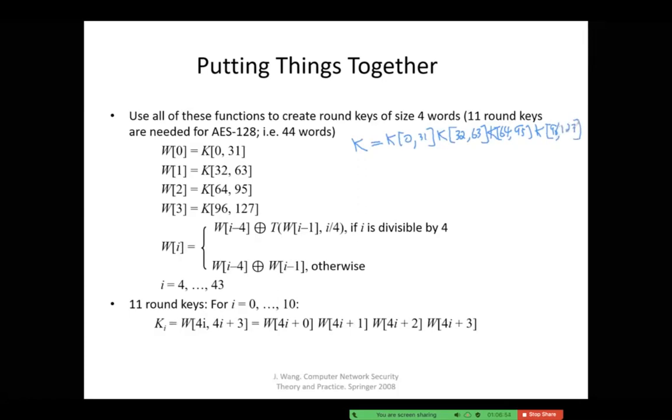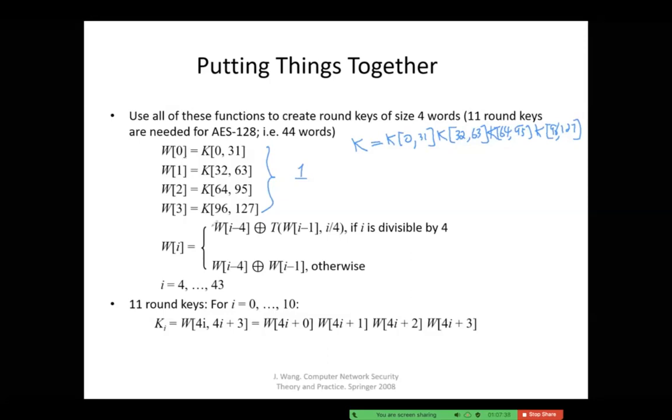So this will be W0, W1, W2, W3. From now on, I'm going to define W_i because I want 11 round keys. This is already the first key, so I want 10 more keys. That means I want 44 such W_i altogether, but 4 are already counted here.